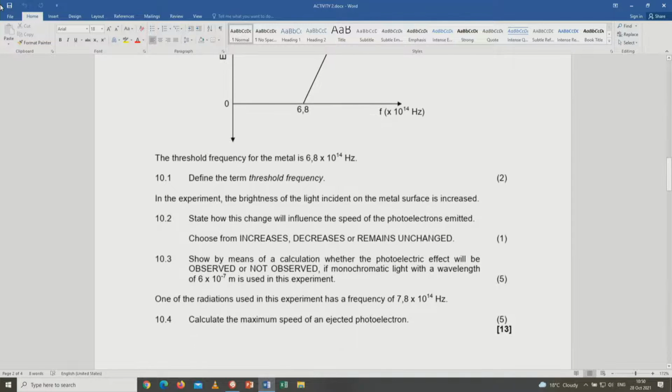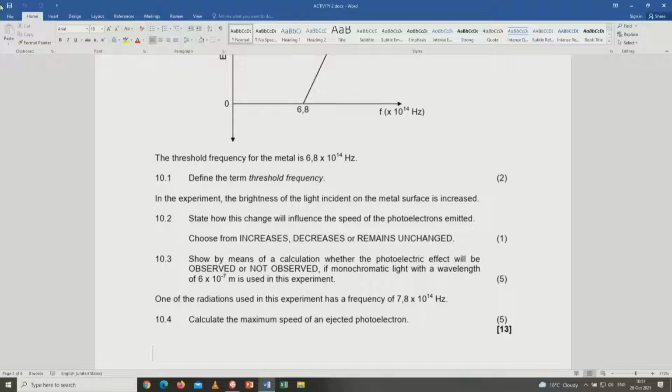The first question, the threshold frequency of the metal is 6.8 times 10 to the power 14. In 10.1, we are asked to define the threshold frequency. We said threshold frequency is the minimum frequency needed to eject electrons from the surface of the metal.